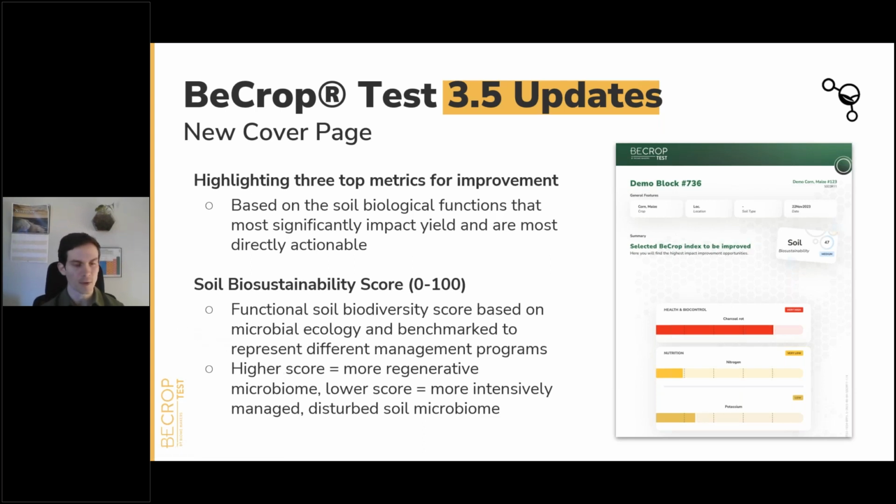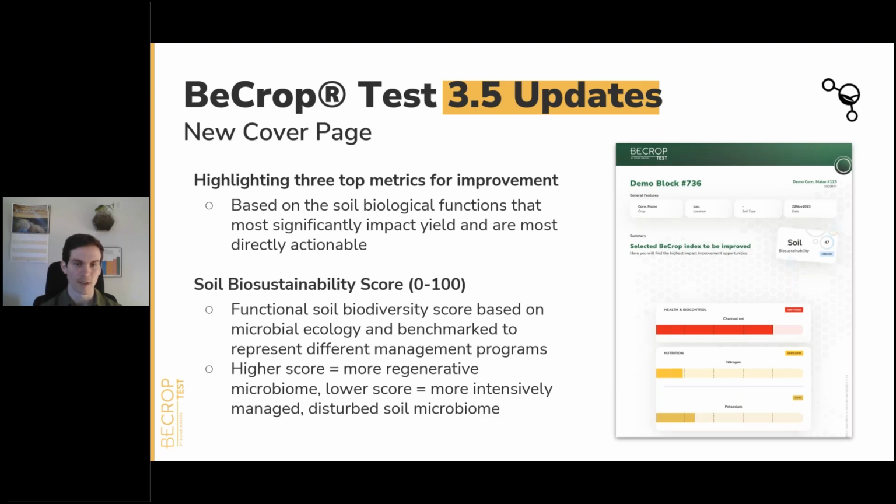Typically, biodiversity indexes tend to look at just the species composition, not necessarily what those species do functionally or how they interact. Our soil biosustainability score, for those who are unfamiliar, is based on microbial ecology, and it's also benchmarked against different management programs that we've evaluated across agricultural systems.